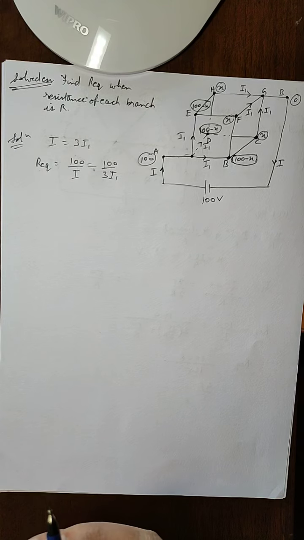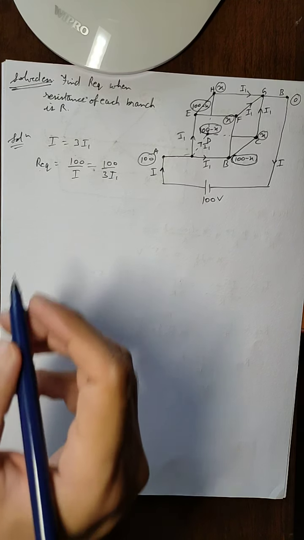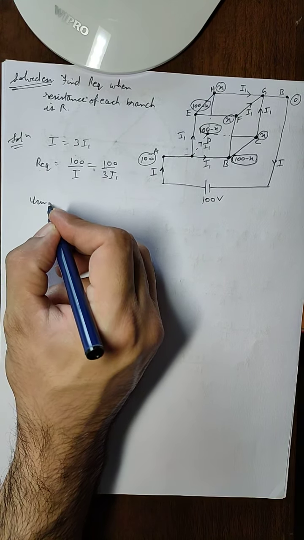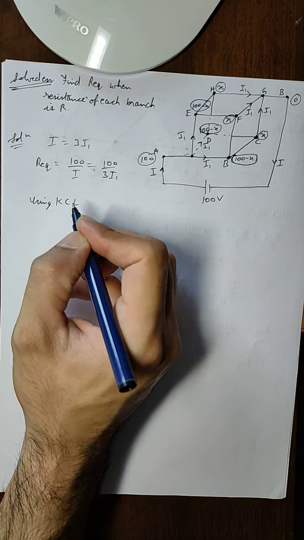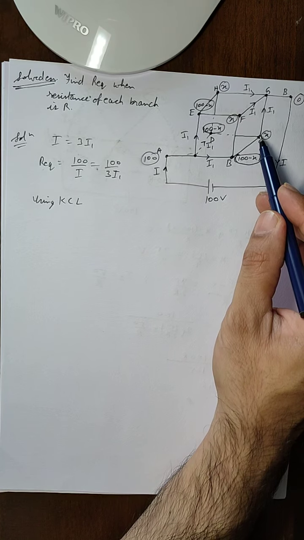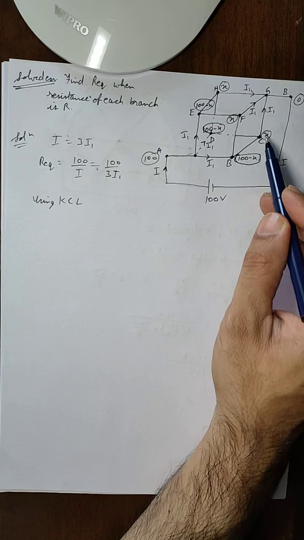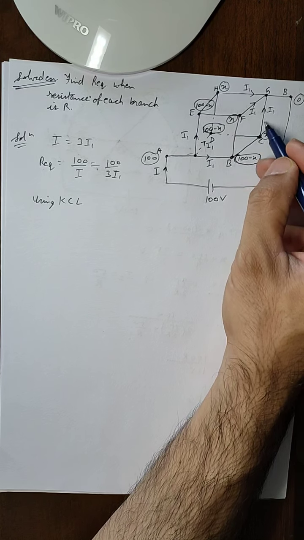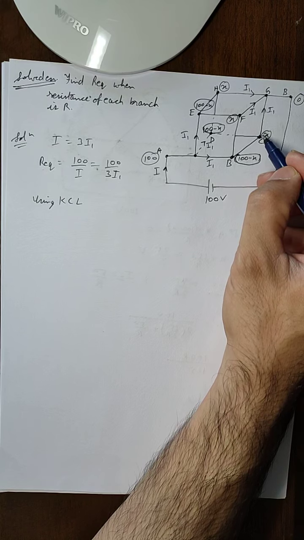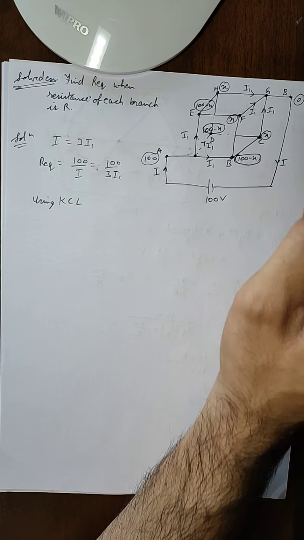Now after doing this, all that is left is to apply the KCL. So if we apply KCL, let us say on this point, then from this point there are 3 branches going in 3 directions, and let us say the current is going in the outward direction.